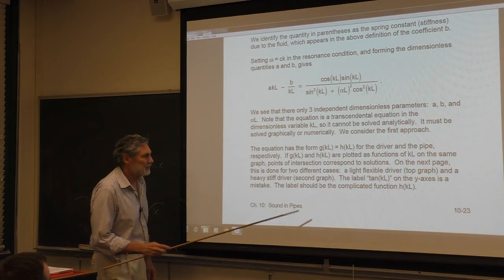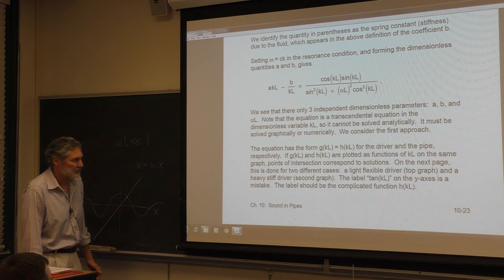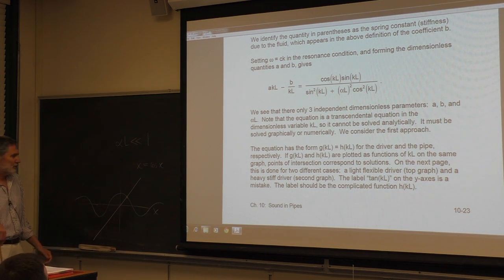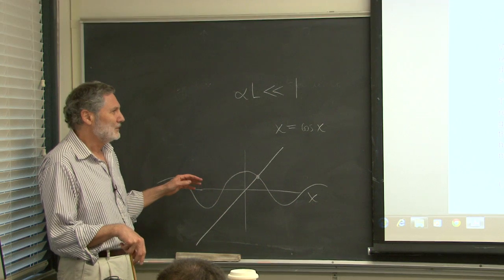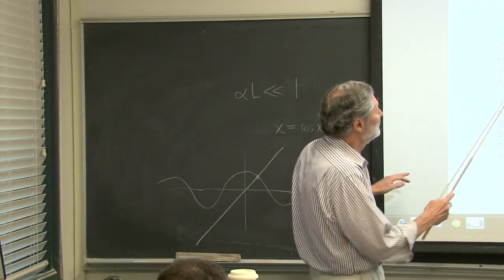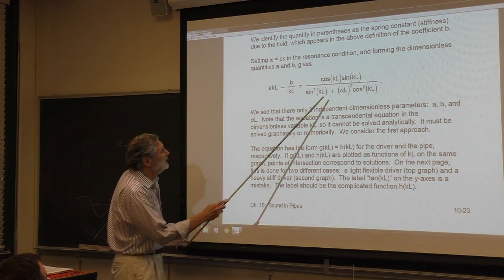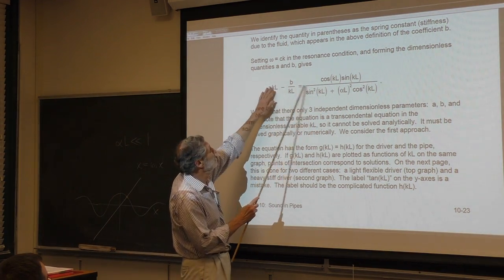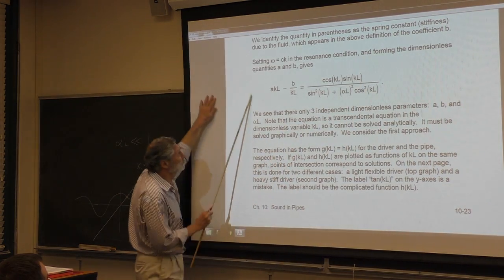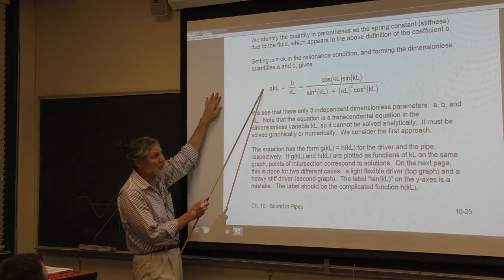And just for the future, for those of you who get involved in this in research, I remember this happened to me. You don't want to just run to a computer. When you're solving a transcendental equation like this, you can throw it into a computer. What you can do is bring this term over here, and now you have a function of KL for some fixed parameters equals 0.